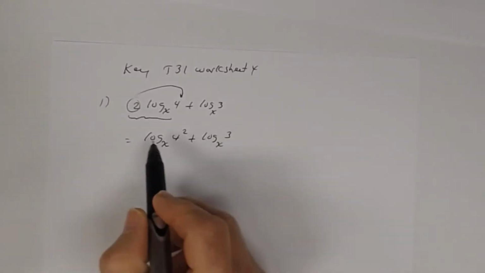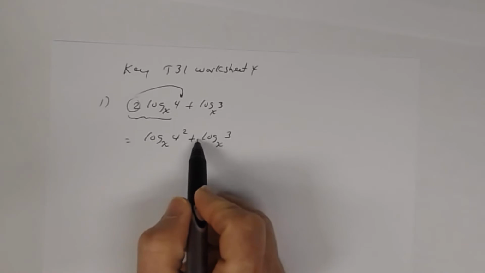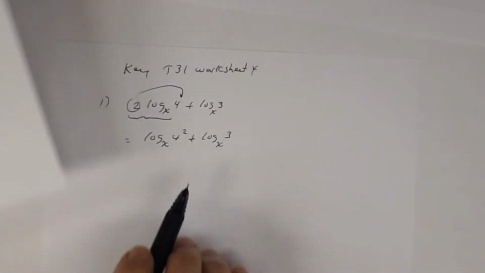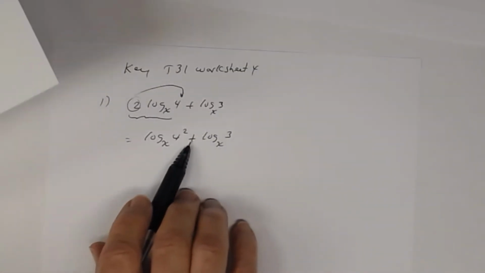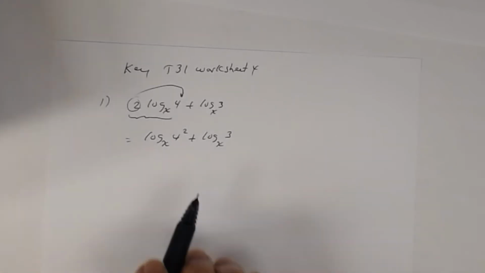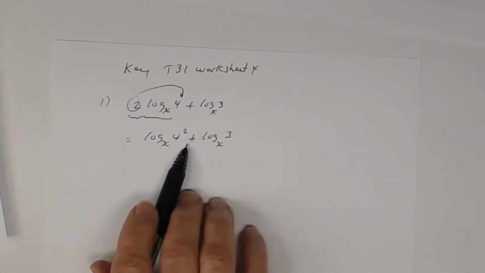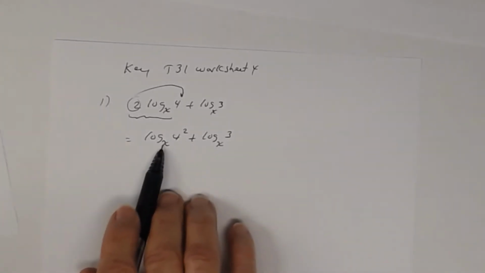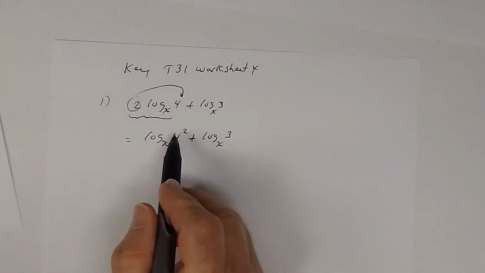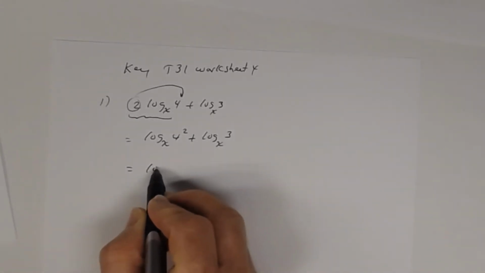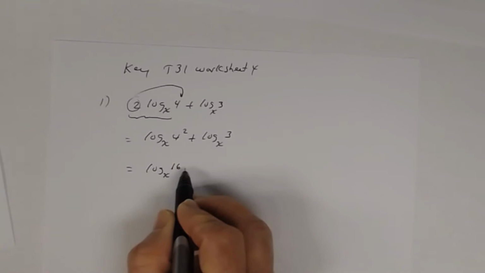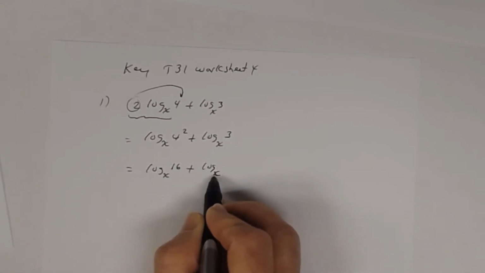Okay, so once you get the coefficients to be 1s, then we can continue on with our properties. Here I am going to use the product rule because I'm taking the sum of two logarithms. Before I do that, let's go ahead and rewrite 4 squared as 16. So that becomes the log base x of 16 plus the log base x of 3.